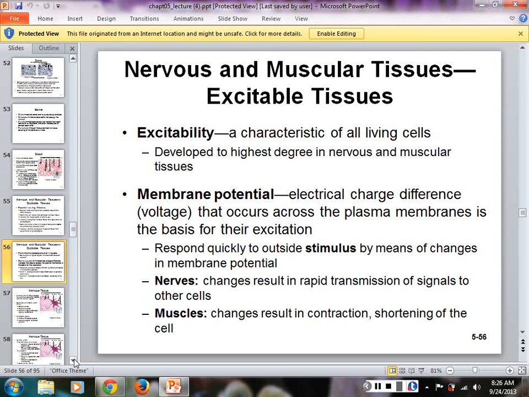That's when your neuron, or the nerve cell, is just resting, waiting for something to happen. That's when your muscle is just resting, waiting for something to happen.